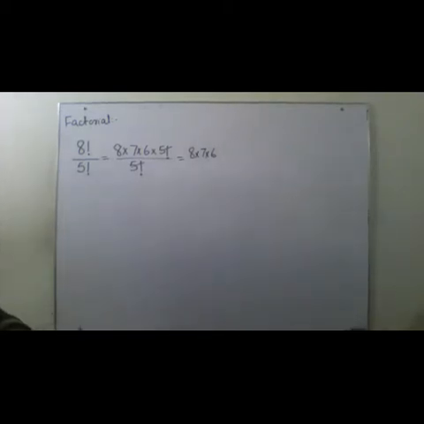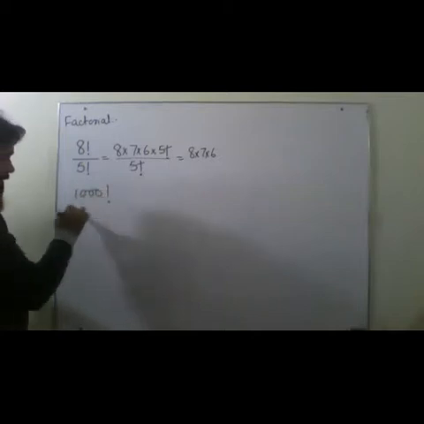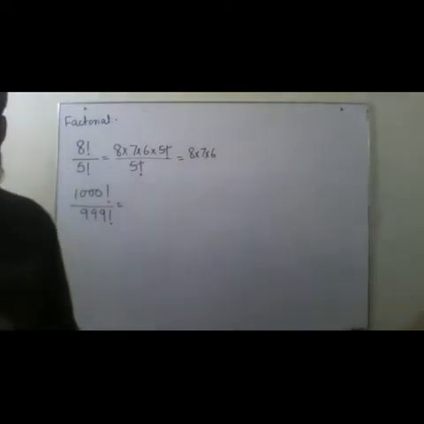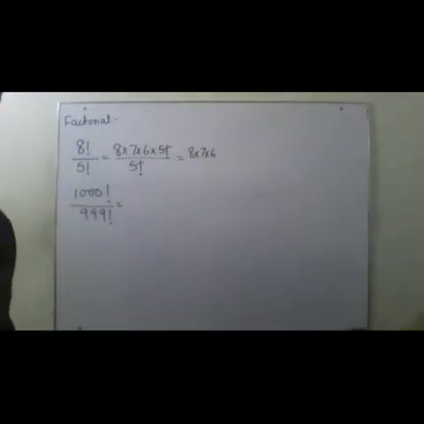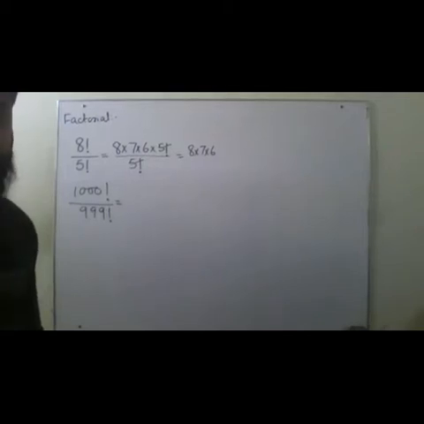We can do one thing more. For instance, I am giving you that you have to solve 1000 factorial divided by 999 factorial. They are two very large numbers. If I expand them as factorials, it will be a very, very large number.